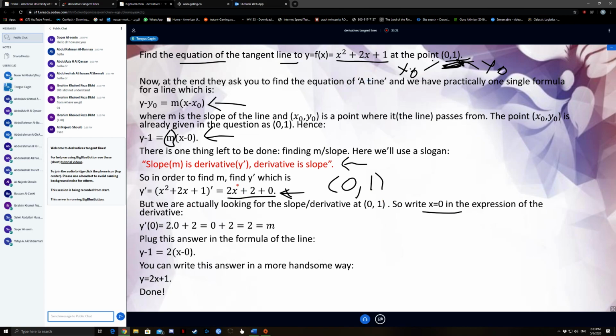If you write 0, 2 times 0 is 0, plus 2, and the answer is 2. That's your slope at this point to this function. Now just write this 2 in this expression, and that's your answer. That's it. That's all we have in this subject.